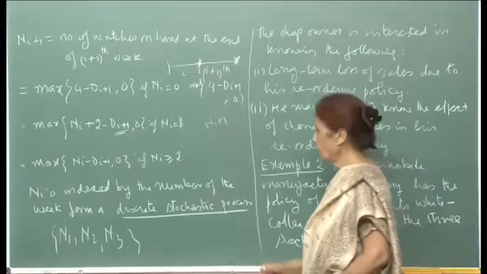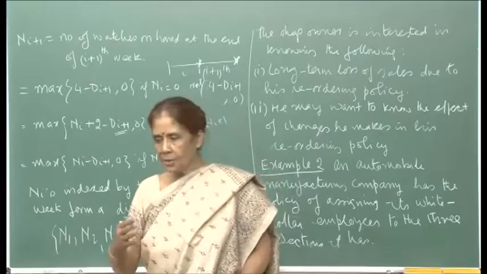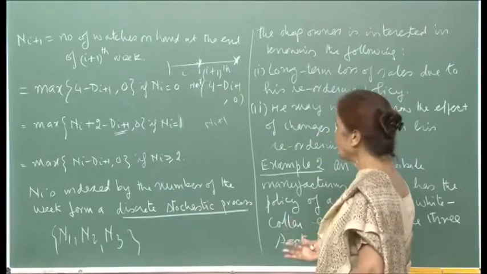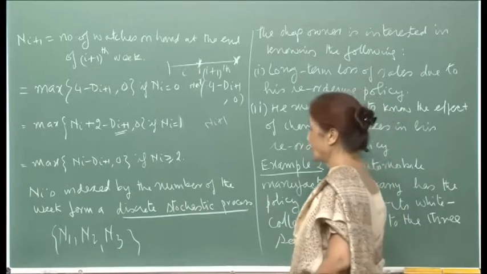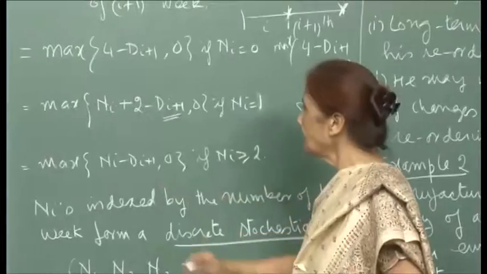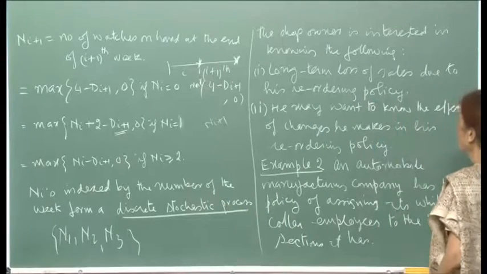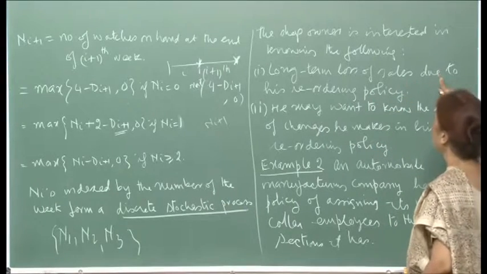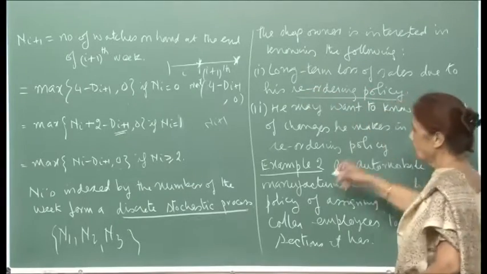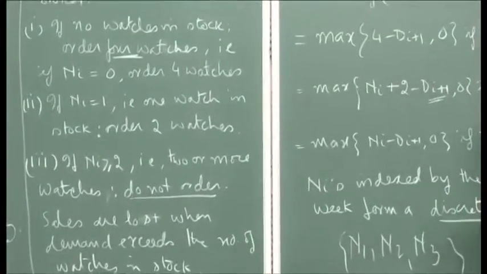Because if he can by some mechanism find out an estimate, it may not be an exact number, but he can estimate the number of sales that are lost. When this number is negative, that means he is losing out on sales. So if there is a mechanism by which he can find out his long term loss of sales due to his reordering policy, because he wants to know whether he really has a good reordering policy or not. Okay.